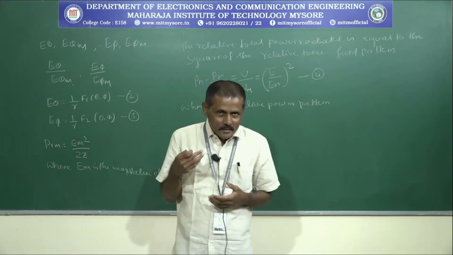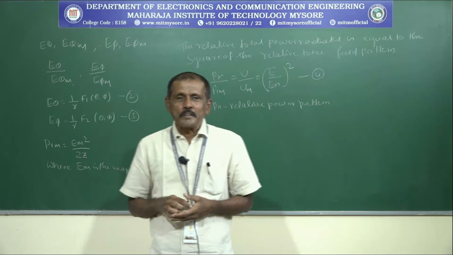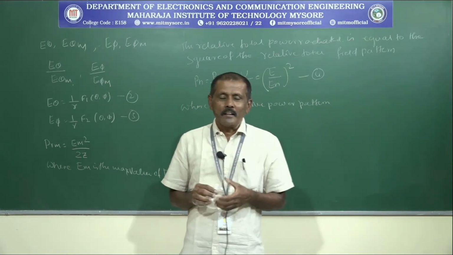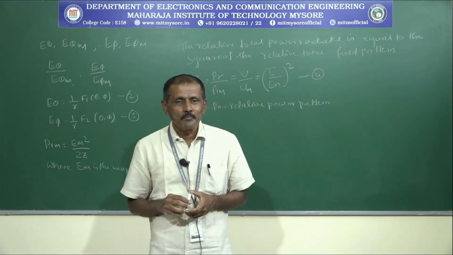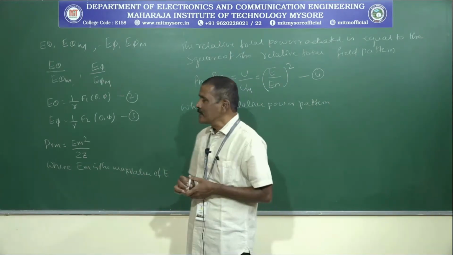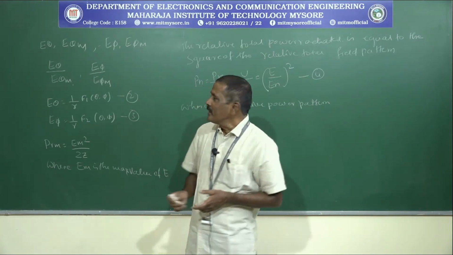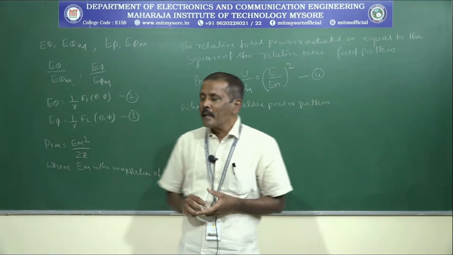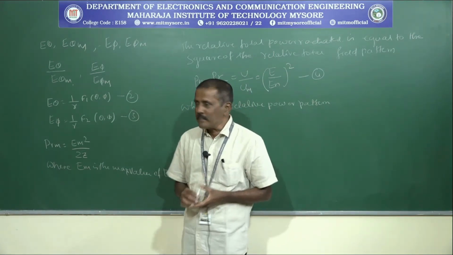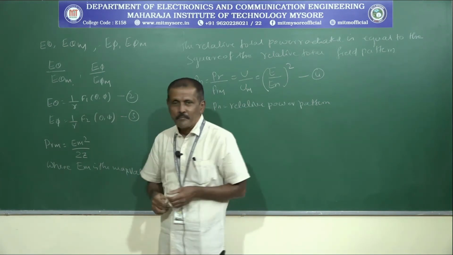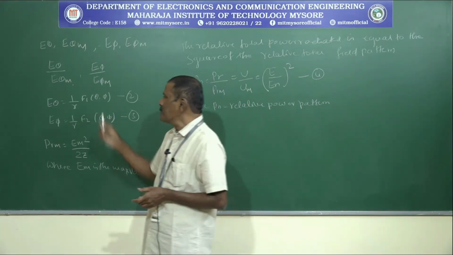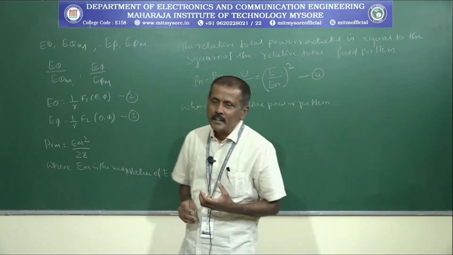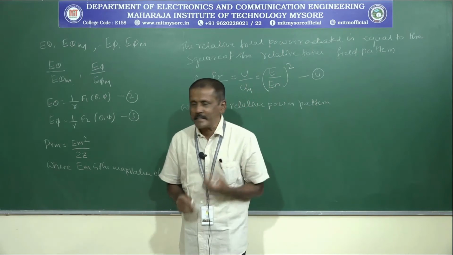Then, as point sources are considered, we consider only the far field patterns and not the near field patterns, and this far field pattern is inversely proportional to the distance, and is a function of theta and phi. So you have to calculate the fields in the theta direction and in the phi direction.